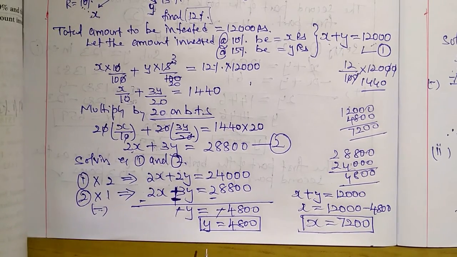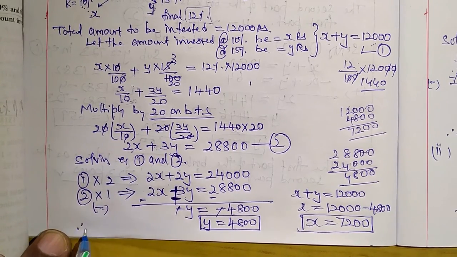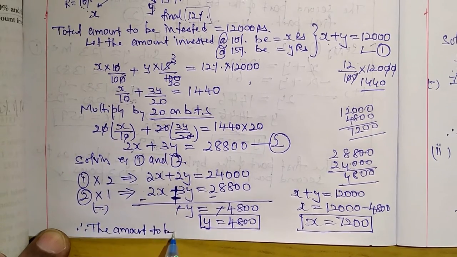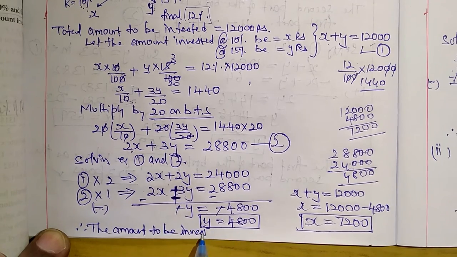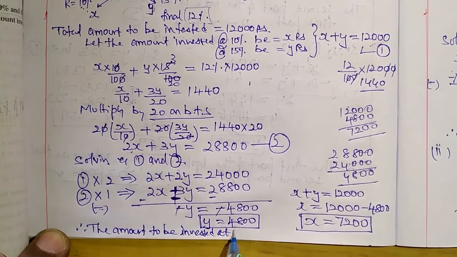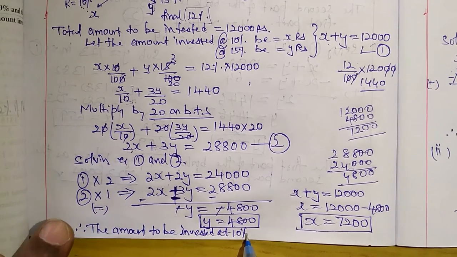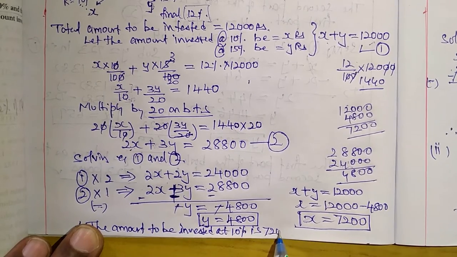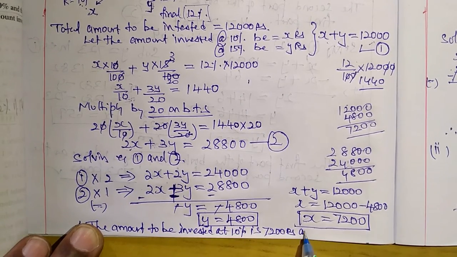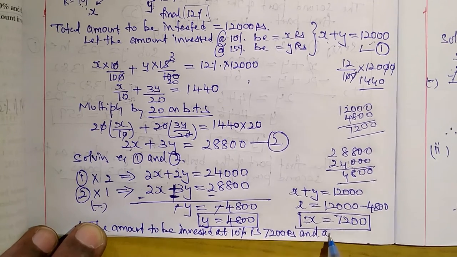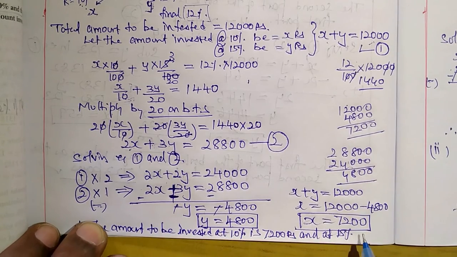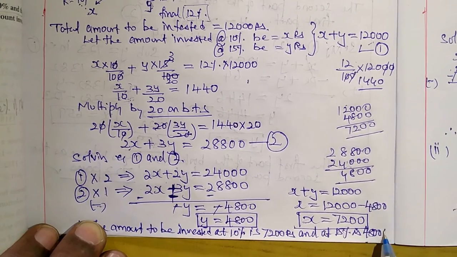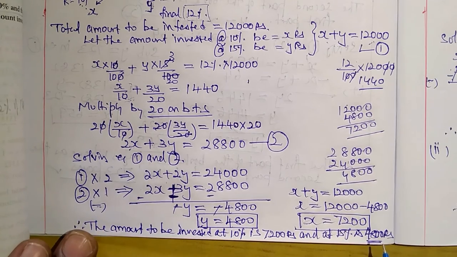The amount to be invested at 10% rate of interest is 7,200 rupees, and at 15% rate of interest is 4,800 rupees. So this is what we have found out.